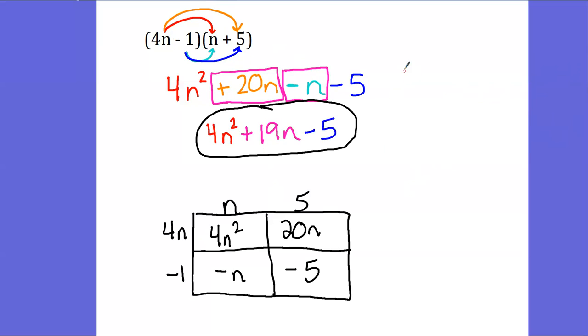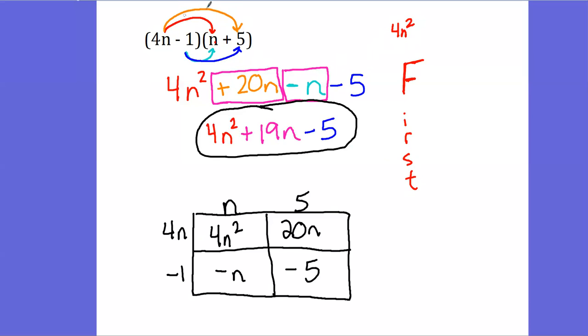That is the F part of FOIL. And the F part of FOIL stands for first, as in, this is the first term of this binomial. This is the first term of this binomial. So you are going to multiply your first terms of your two binomials, 4n times n. So the F part of FOIL in this example would be the 4n squared.